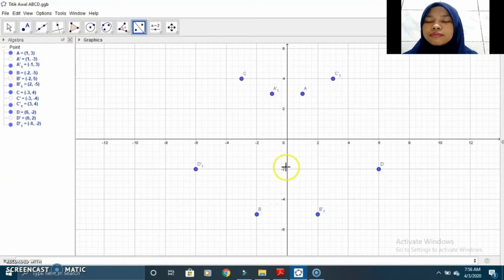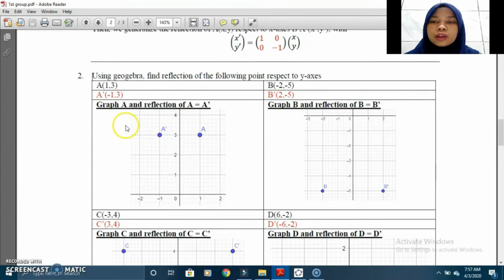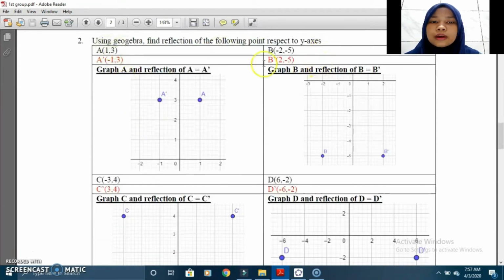Then we have the reflections A1', B1', C1', and D1' with coordinates: A1' is minus 1, 3, B1' is 2, minus 5, C1' is 3, 4, and D1' is minus 6, minus 2. That equals my group's answer, written in red font like this.